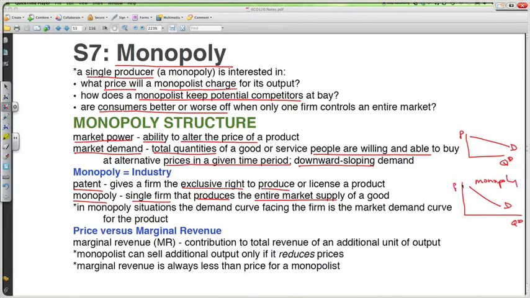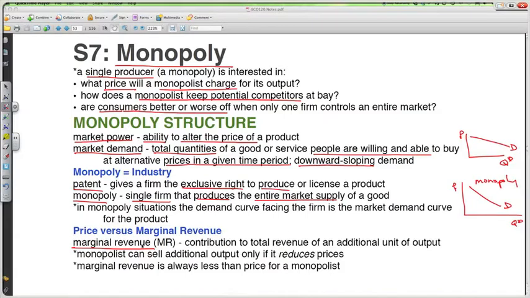Now, this is important to remember because it's very different than the individual firm in a competitive market, which had a flat demand curve. This monopoly has a downward sloping demand curve. Now, the marginal revenue for a monopoly is different than price.